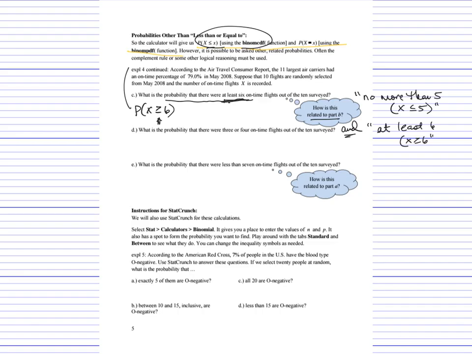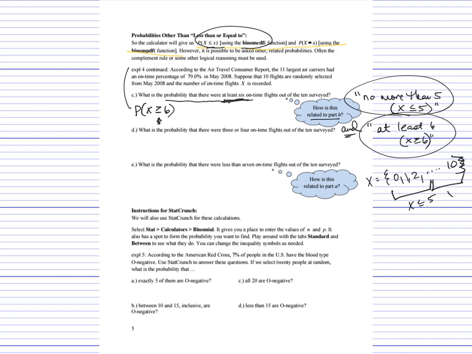They are, aren't they? Those are complements. That and that basically break up the possibilities, right? X can be anything from 0 to 10. And we already found the probability that x is less than or equal to 5.